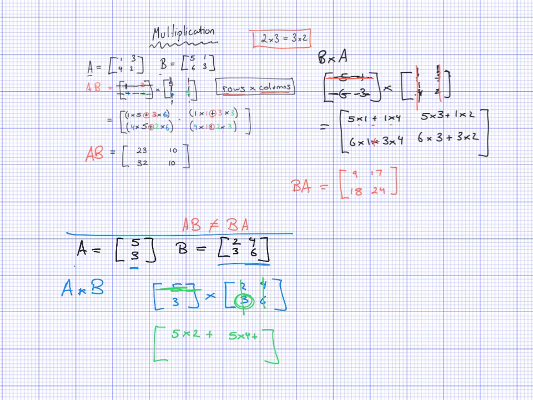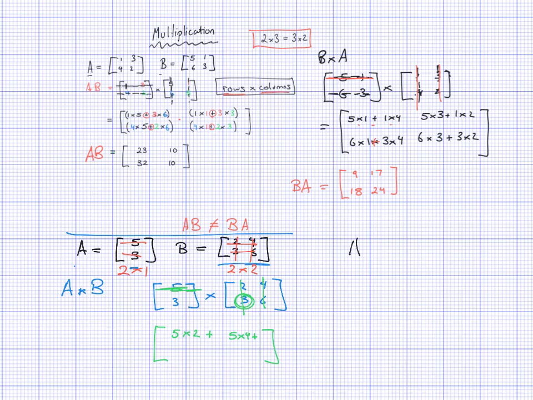So this is the last criteria. To do multiplication, we need to work out the sizes of each of these matrices. So this is 2 rows by 1 column, and this is 2 rows by 2 columns. Then we look at them in the order that we want to multiply them.